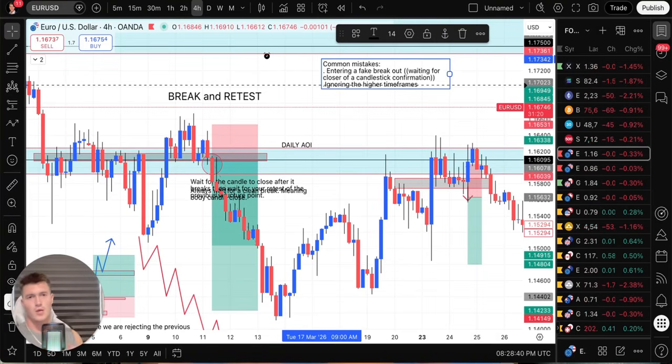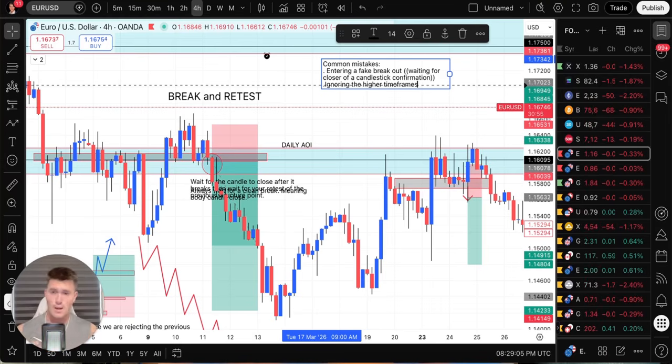Remember, the higher the time frame, the stronger the confluence is. So if we have a daily closure, we're waiting now for a daily retest of a daily area of interest. Okay? So if we have a daily head and shoulders, we're waiting for a daily retest.